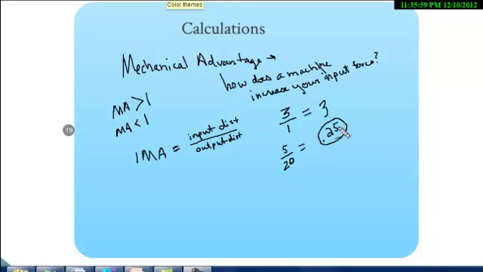Okay, actual mechanical advantage then can only be found by actually measuring, using a lever or other simple machine and measuring the amount of output and input force, and it equals, if you flip this, the output force divided by the input force.